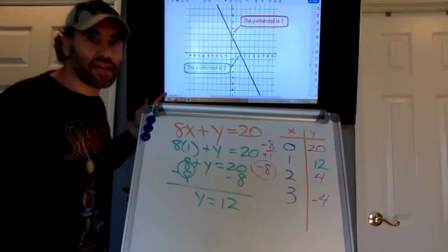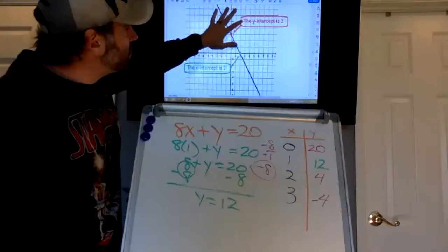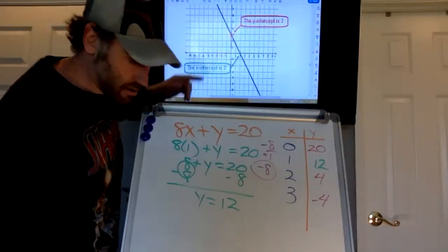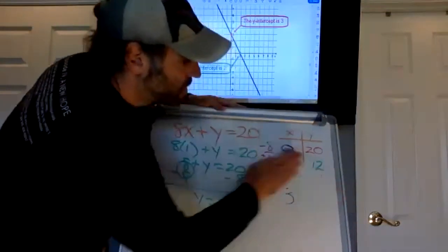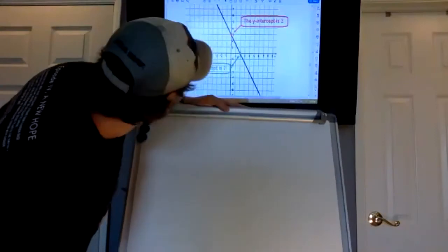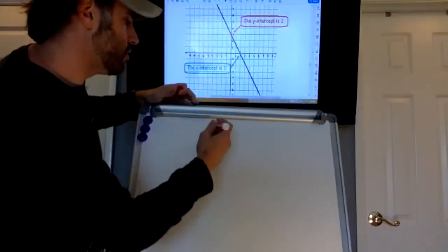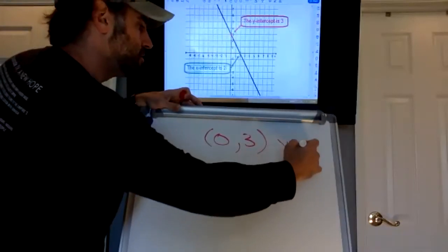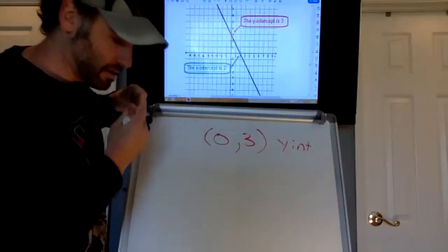Okay, let me say this again. For the y-intercept, the x is 0: 0, 3. So for red, the coordinate was 0, 3. That's the y-intercept.